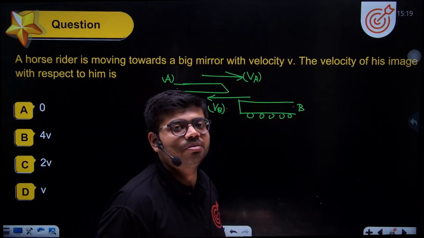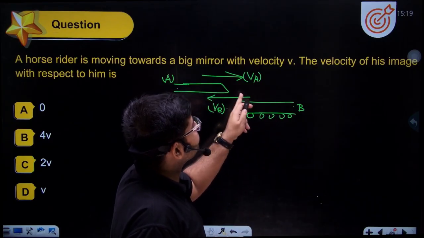If you are sitting in B, what is the velocity of A?